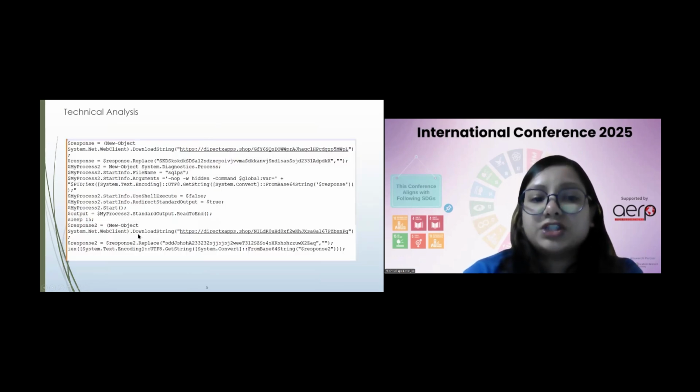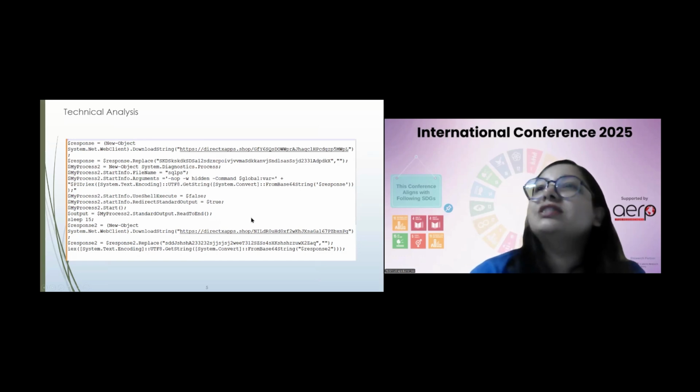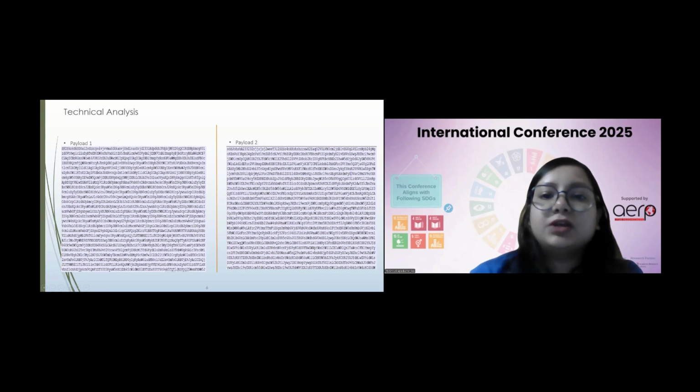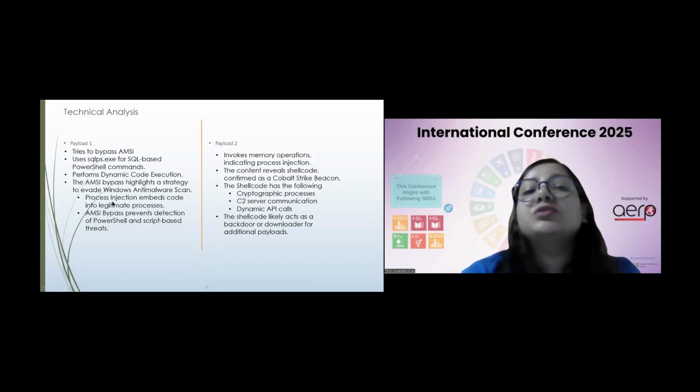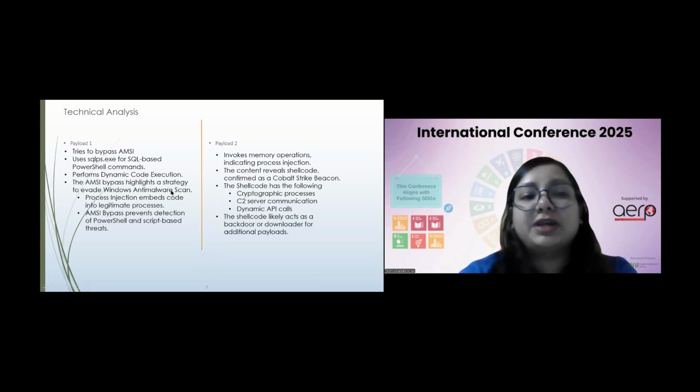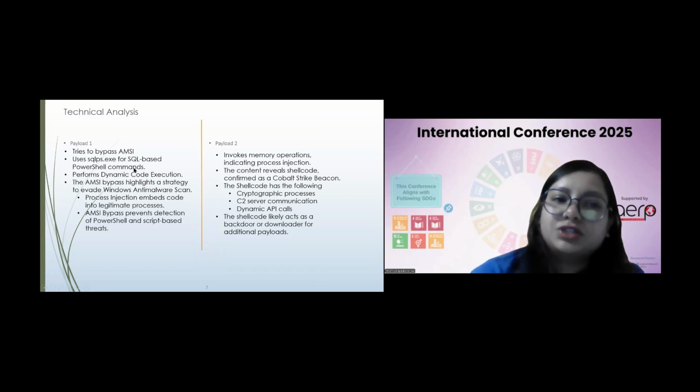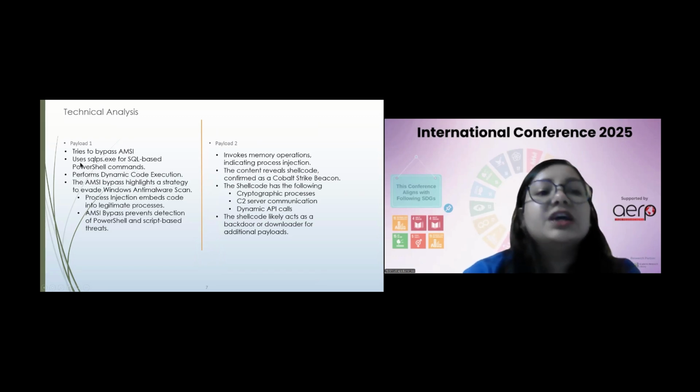Even in this PowerShell code, you can see how to decode it. It is already mentioned what to replace and how to decode it, so we followed the same process to decode payload 1 and payload 2. While analyzing, we observed both of them were PowerShell payloads. Payload 1 tried to bypass AMSI so that malicious PowerShell code can be run without any problem, and used sqlps.exe for SQL-based PowerShell commands.